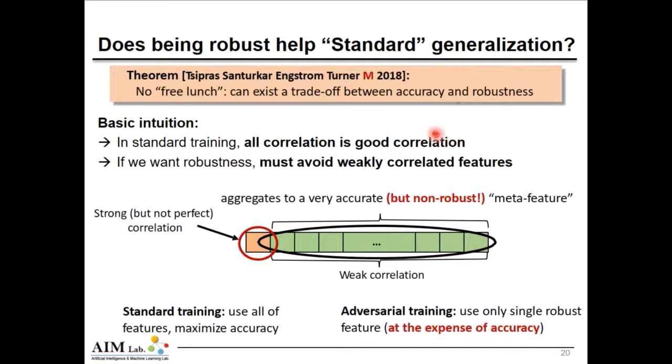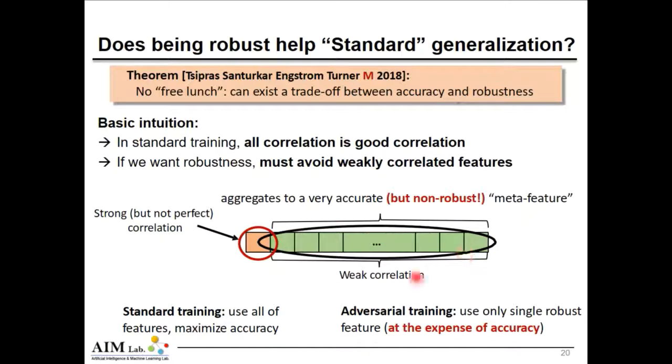First of all, if I'm trying to train a classifier, I have to choose if I want to maximize the standard generalization performance or I want the classifier to be robust. And there is actually an inherent trade-off between these. You can imagine a dataset in which the first coordinate is strongly correlated to the correct label, but it's not perfect. And then we have a bunch of very weakly correlated features.